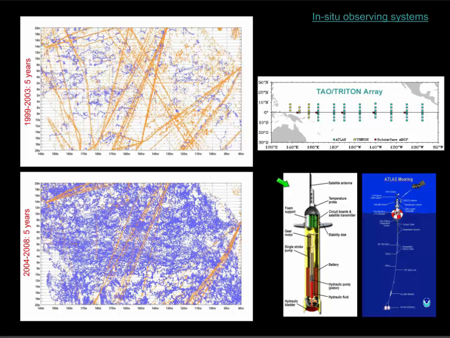And the way it works, it floats with the ocean current, and then it has a little tiny battery in it, so it actually submerges. It goes down to 2,000 meters and then comes up, and as it goes down and comes up, it takes measurements and transmits them via satellite back to the collecting point.